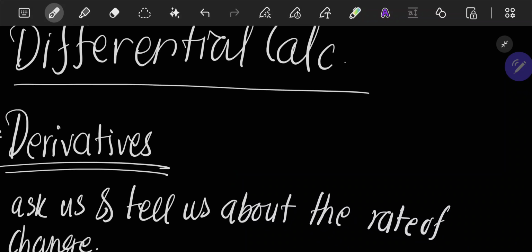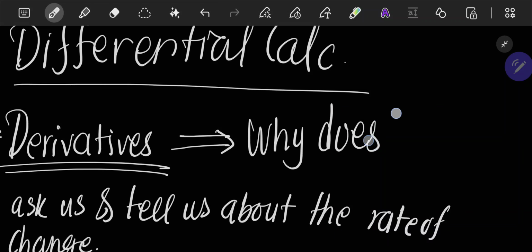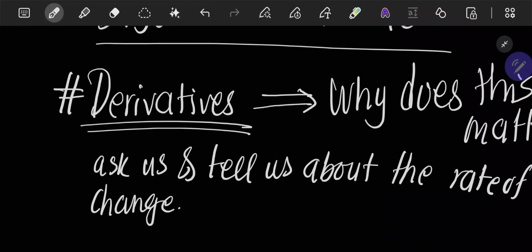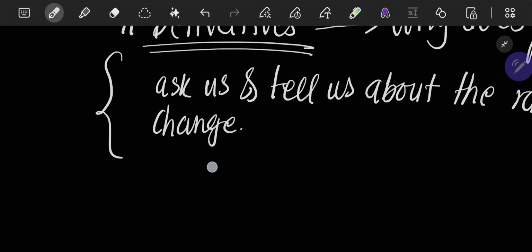Now, you should be asking a question right now, which is, why does this matter? Is it really that important? Why do we have to learn about derivatives, and what importance does this carry?